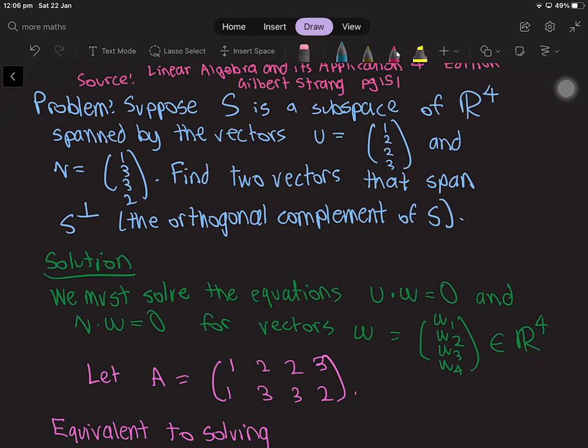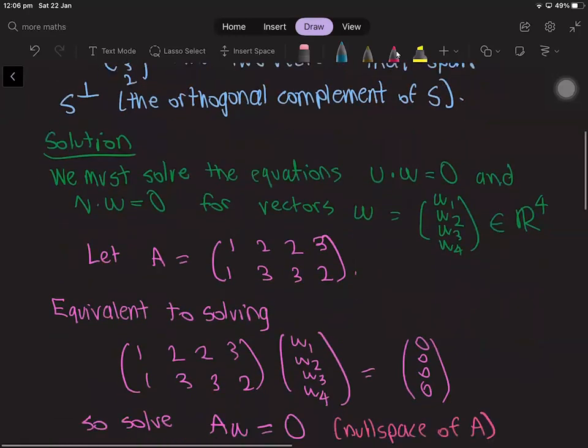So what I'll do now is make the 2x4 matrix A, and the rows of A are the vectors u and v. Using these two dot product equations, it's equivalent to solving this matrix A times the w vector equal to the 0 vector.